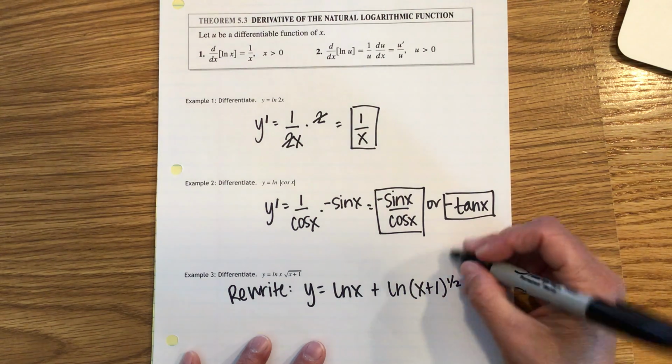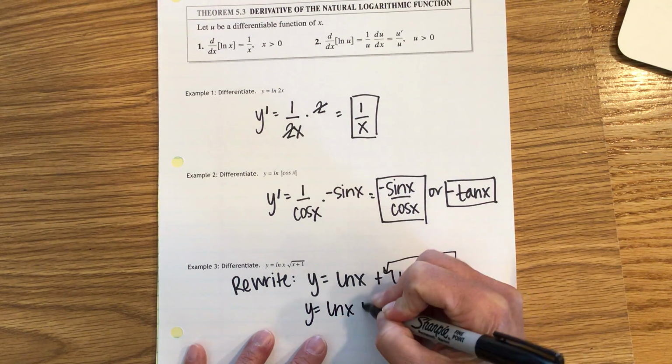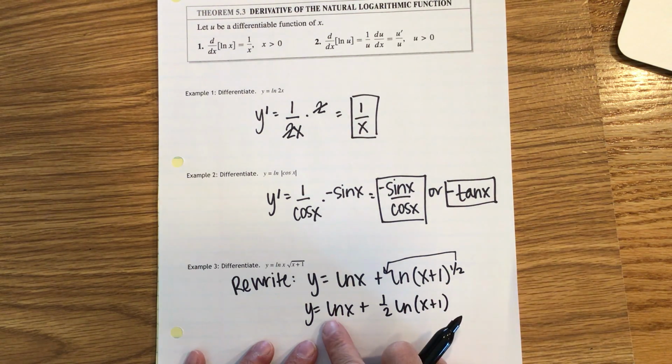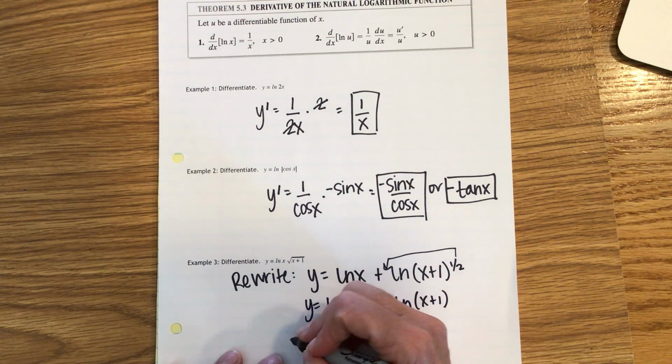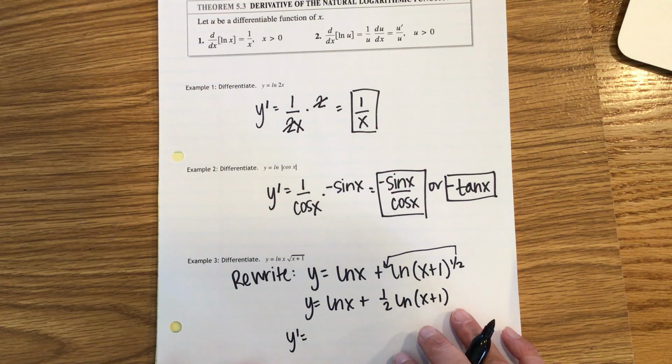And also I'm going to bring this half down in front. Now I have a pretty simple, like the most basic natural log function here, and then a pretty simple one here too. So now when I go ahead and apply my derivative rule, it's gonna be very straightforward.